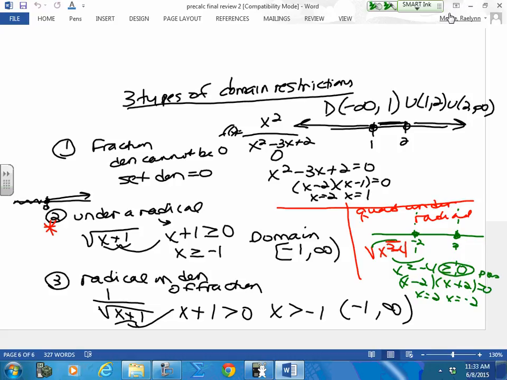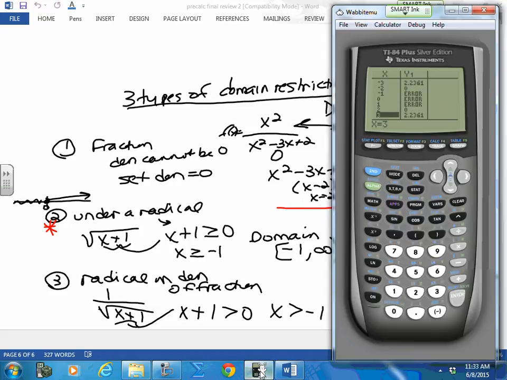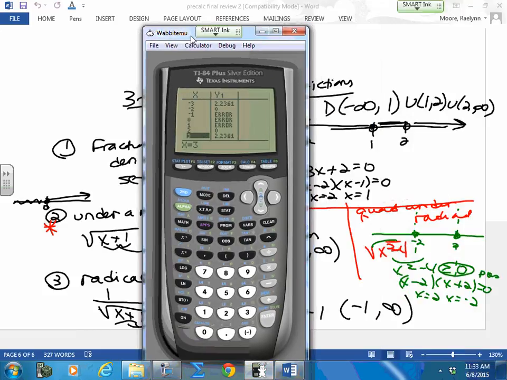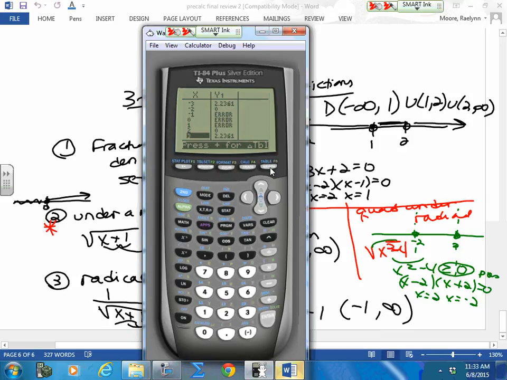Now, an easy way is to look at your graph or look at your table. Let me pull up my table. When my table is to the left of -2, my values are positive. When my table is between -2 and 2, I can't use it.